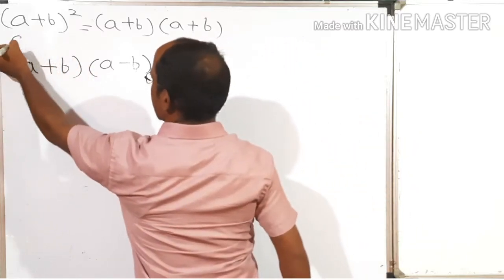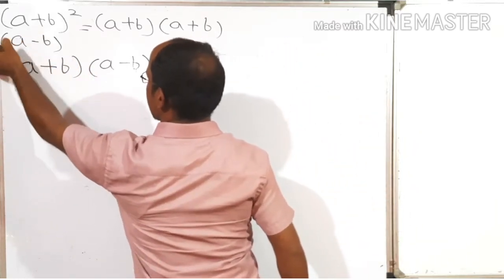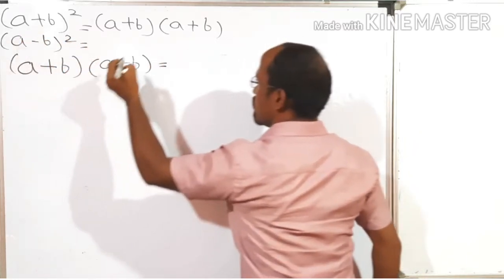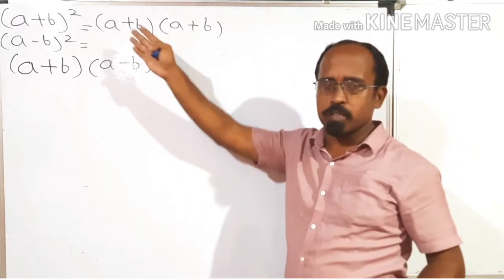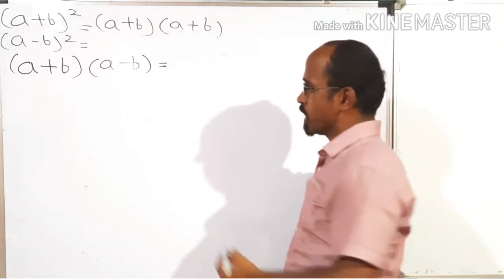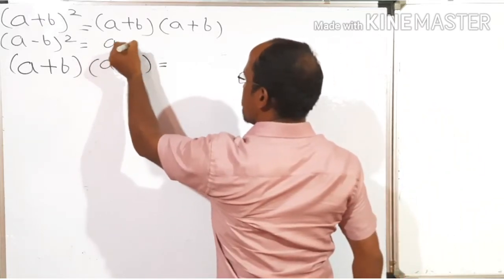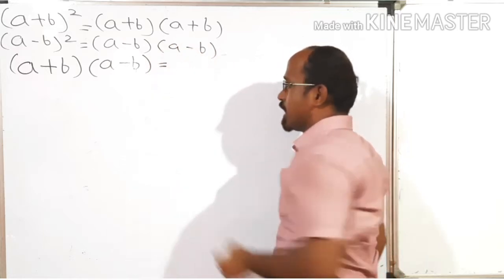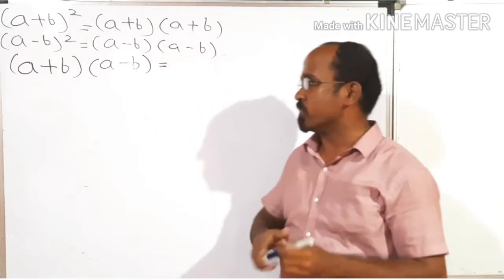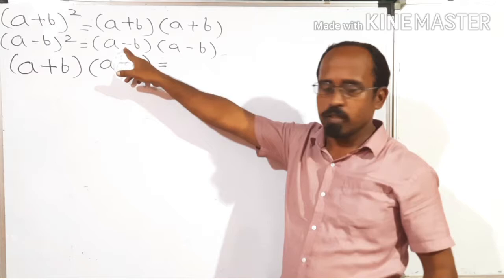Second formula was (a minus b) square, and squaring a number means multiplying it by itself two times. So the meaning of it is (a minus b) into (a minus b), right? So previous formulas were such kind of formula, right?